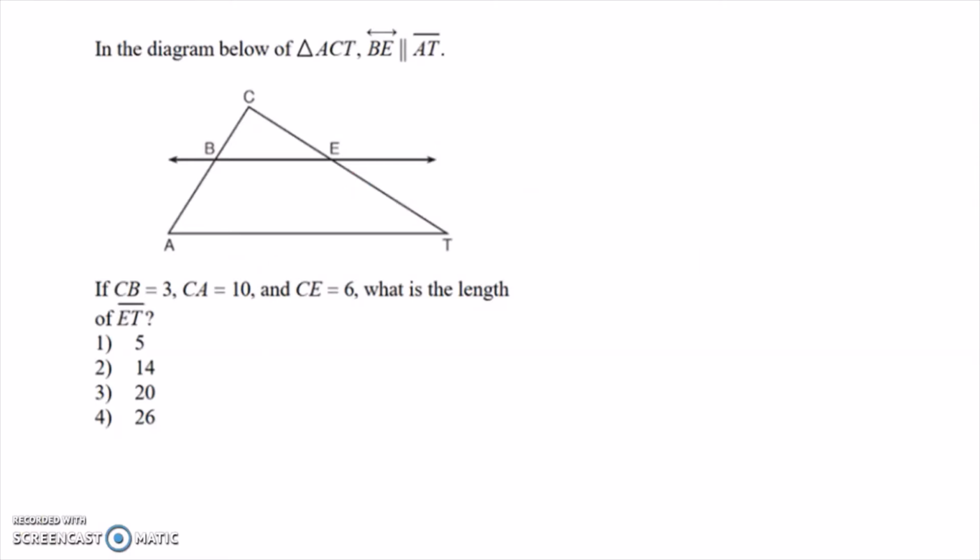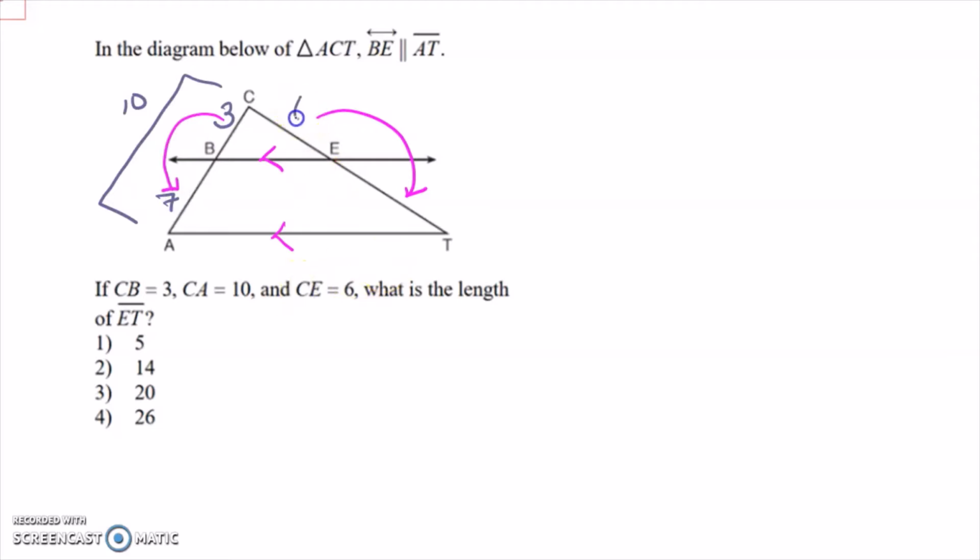On this first example, we are told that BE is parallel to AT. That means CB is to BA the same way that CE is to ET. We are given that CB is 3. We are given CA is 10. So I'm going to need to subtract 3 from 10 in order to find out the length of BA.